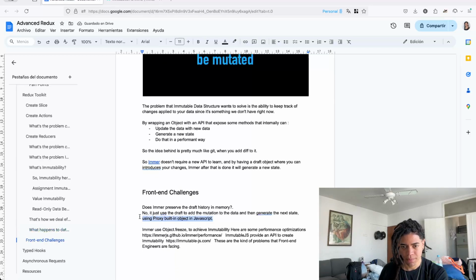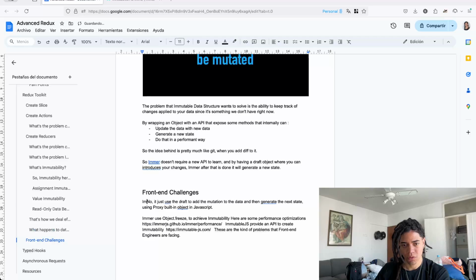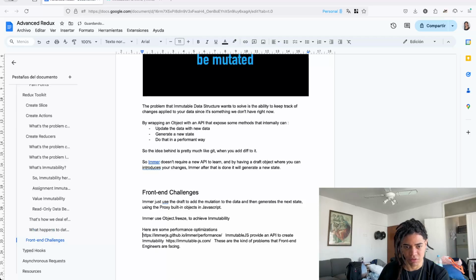Okay. So Immer just uses a draft to add mutations, then generates the next state using the Proxy built-in object in JavaScript. So Immer uses Object.freeze to achieve immutability. And here are some of the performance optimizations for that.